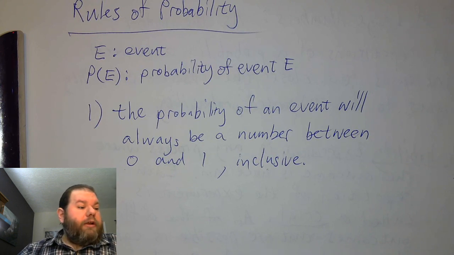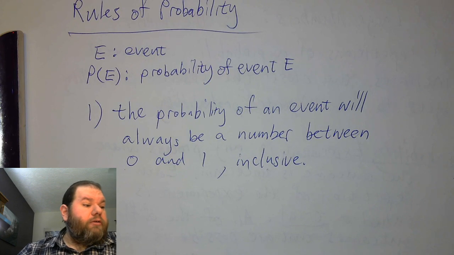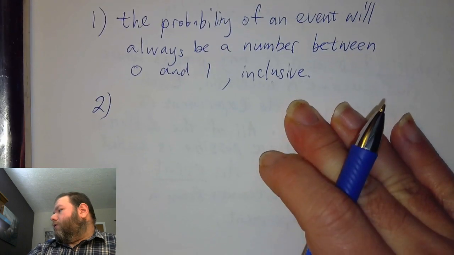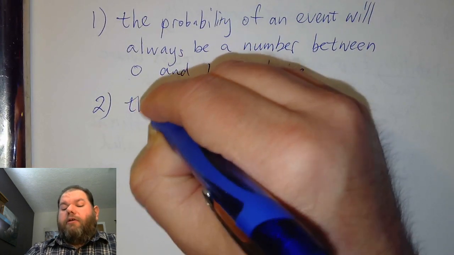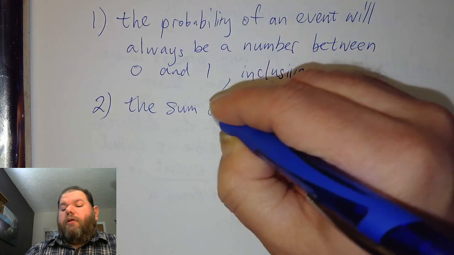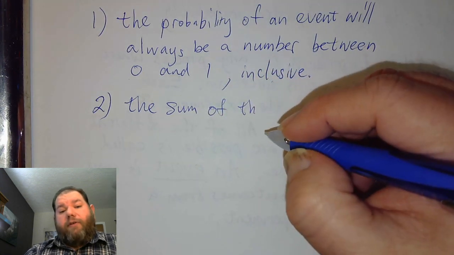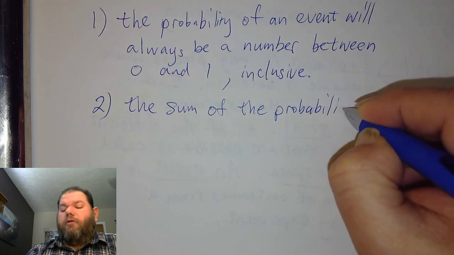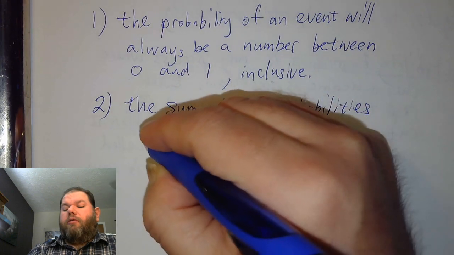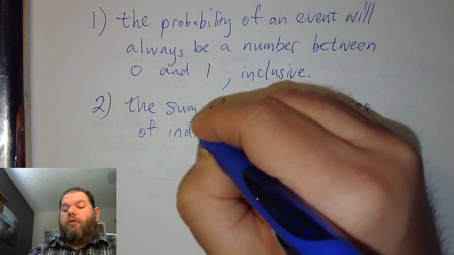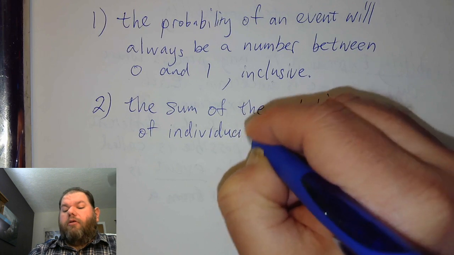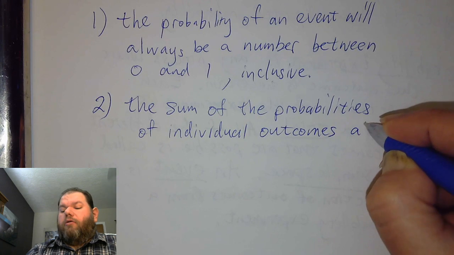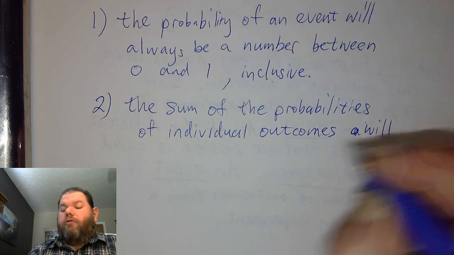And the second part here is that the sum of the probabilities of the individual outcomes will always be 1.